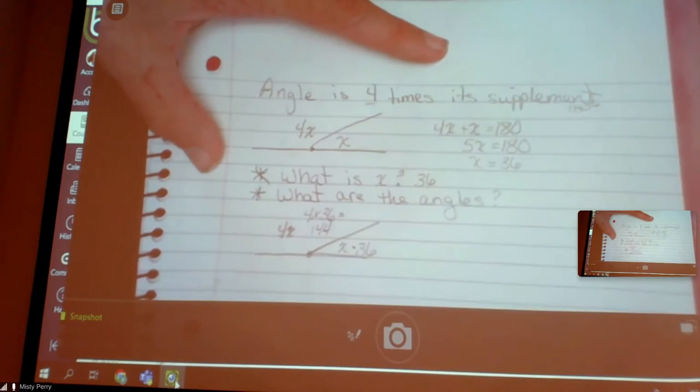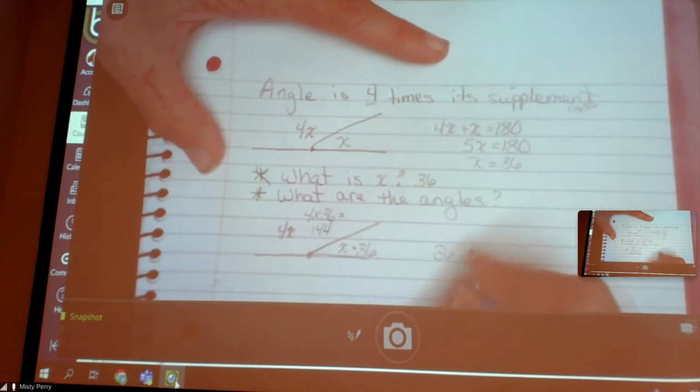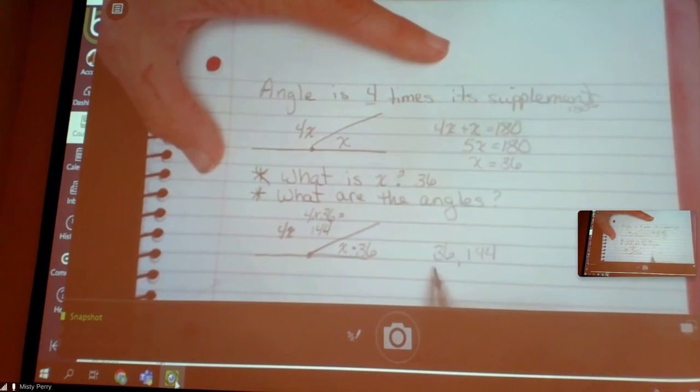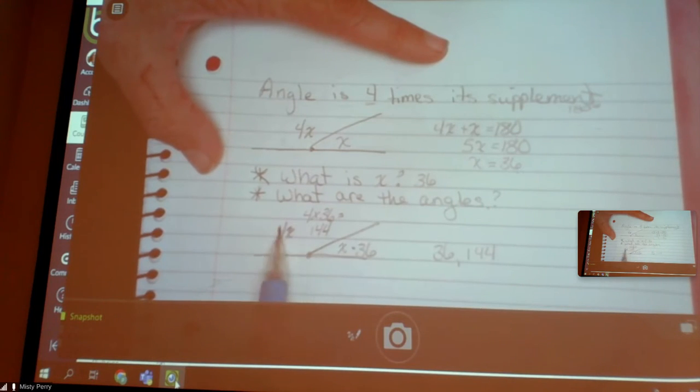So in the little answer box, I would have 36, because that's the smaller one, and then I would put 144, because that's the larger one. It usually asks you to go smallest to largest. So what is x? You just put what you found. What are the angles? You need to go back to your picture here and put in the actual angles.